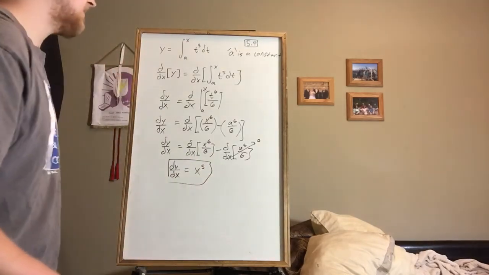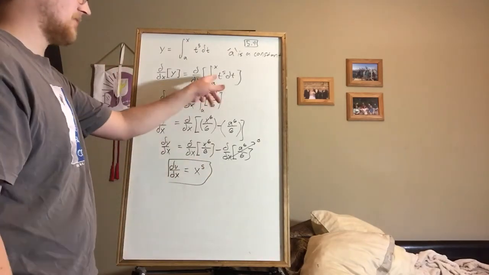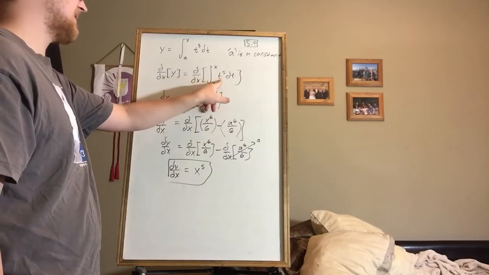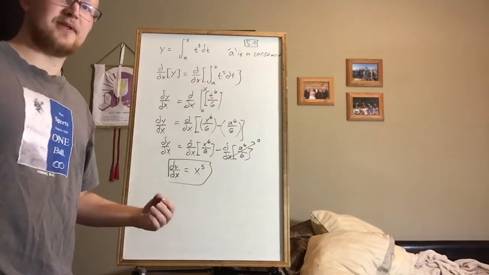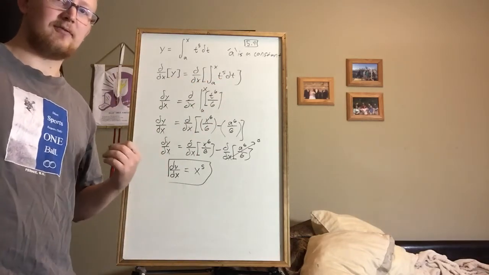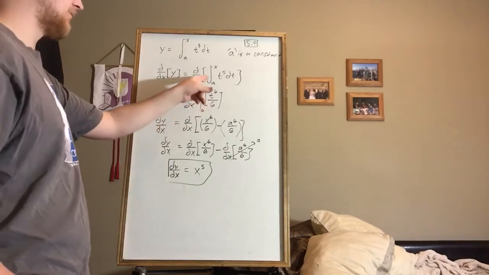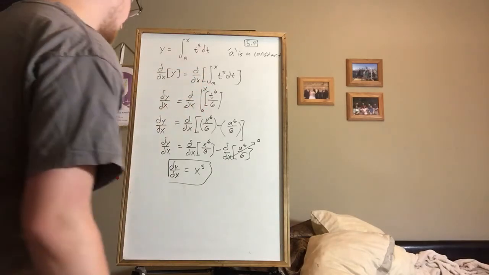equals x to the fifth, which is kind of curious because we look back here and we see that this was t to the fifth. So from this we can extrapolate a tool that will help us when the antiderivative or the integral is not so obvious.